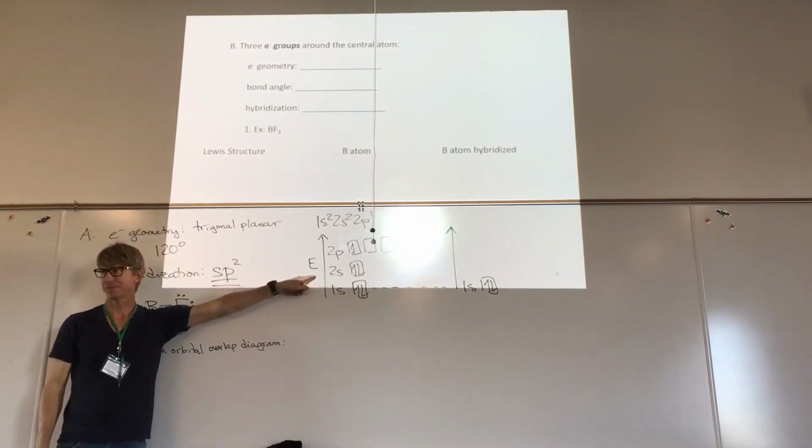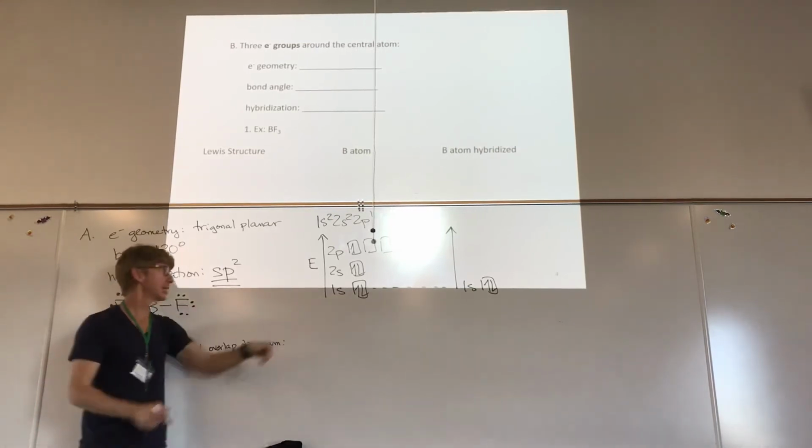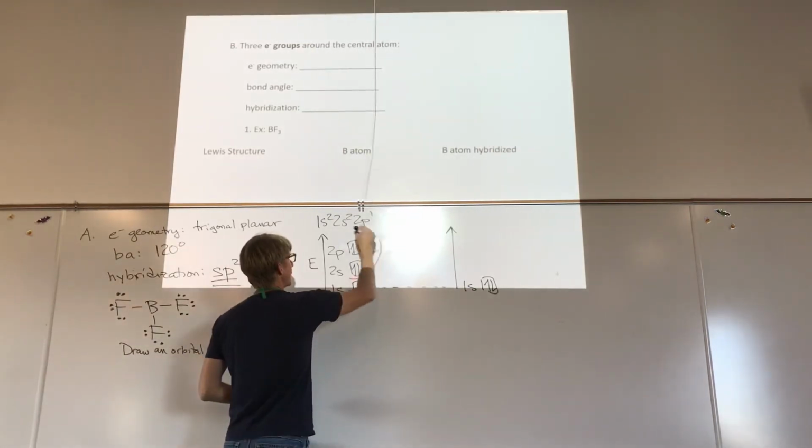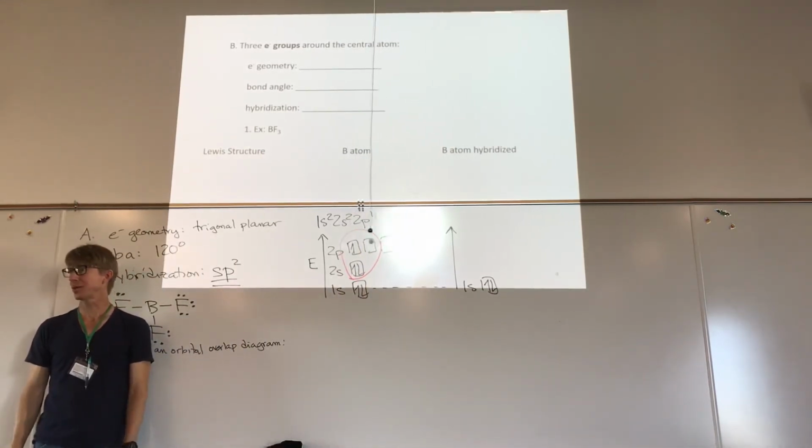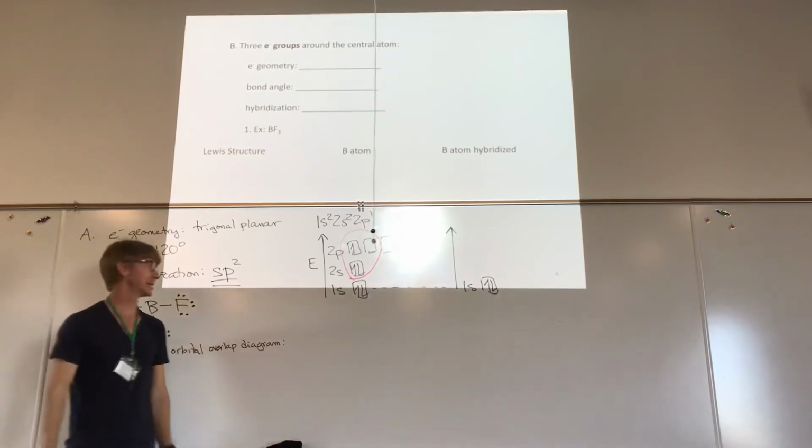Okay. It's sp2 hybridization. I want one electron in each of the 3 orbitals that I circled. Choose those 3 orbitals, 3 electrons, 3 bonds.